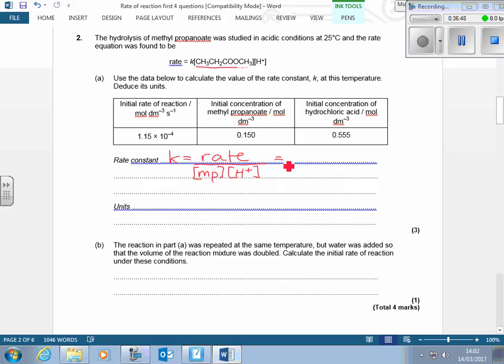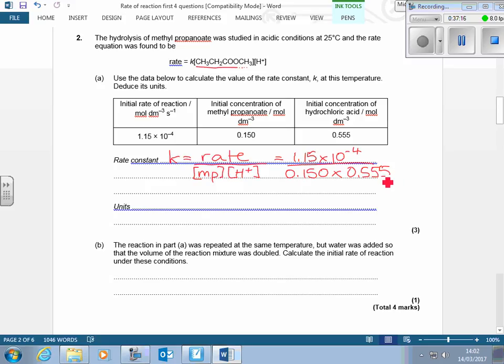So the rate, 1.15 times 10 to the minus 4. And then we're going to divide that by these two multiplied together. So 0.15. Put the 0 in because it's to 3 decimal places for both of them is the correct way to do it, isn't it?